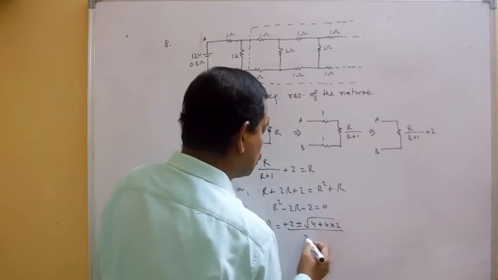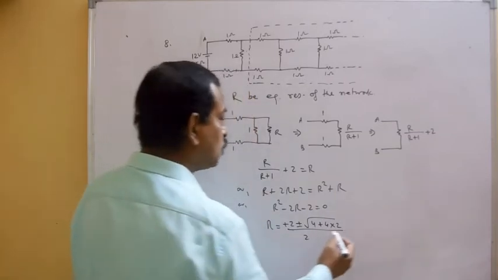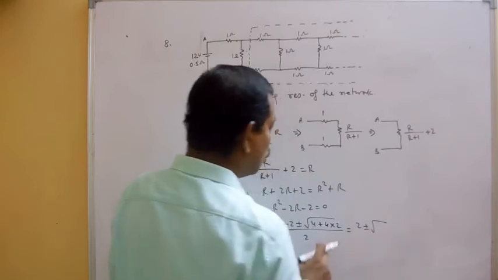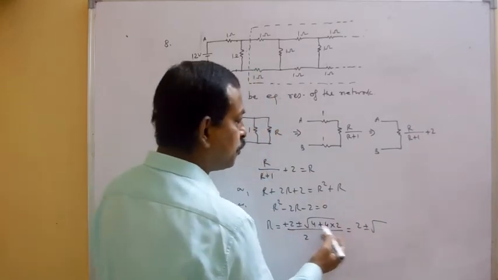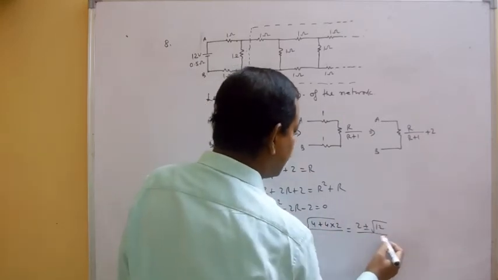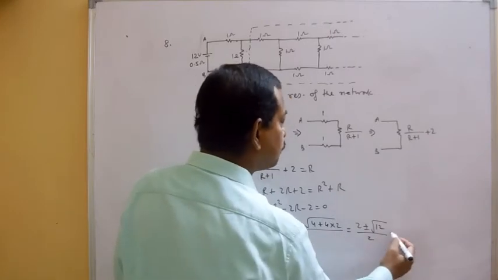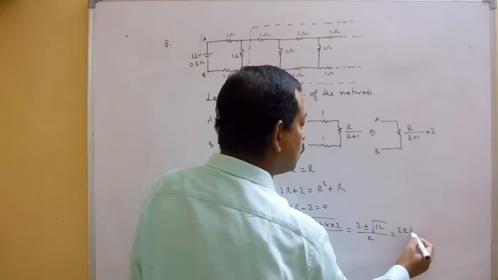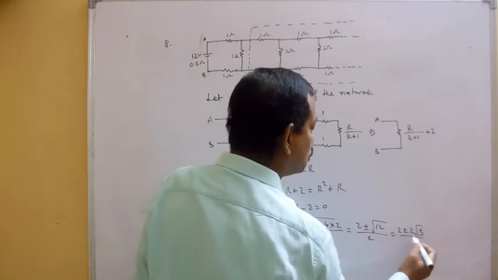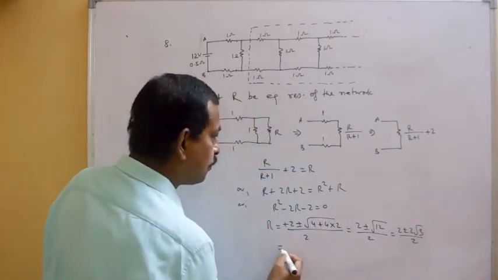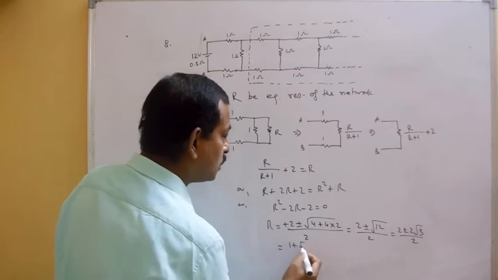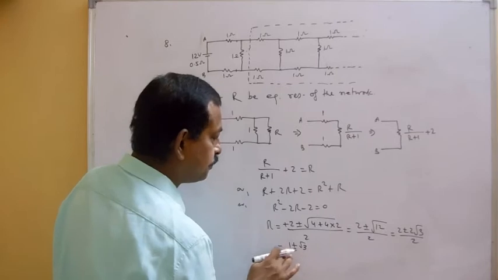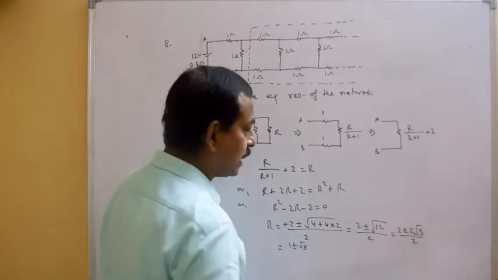divided by 2A. So this will be equal to 2 plus minus root over 8 plus 4, that is 12, divided by 2. So it is 2 plus minus 2 root 3 by 2, or 1 plus minus root 3. 2 we have already cancelled.